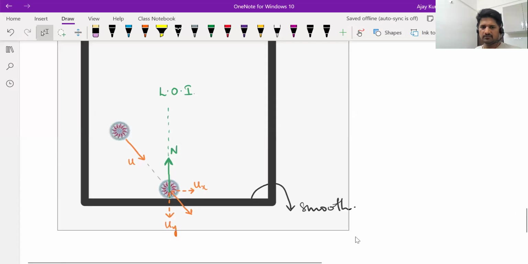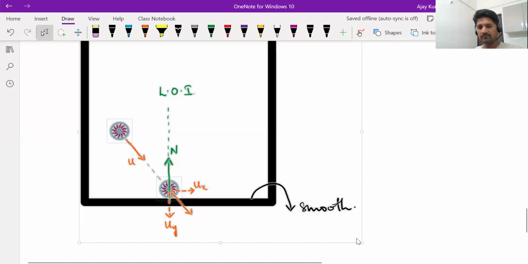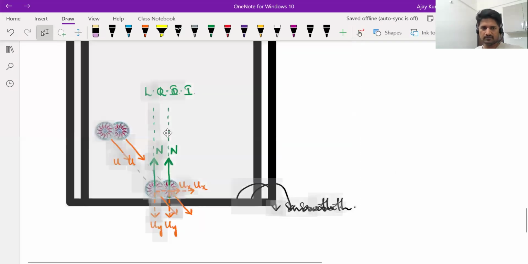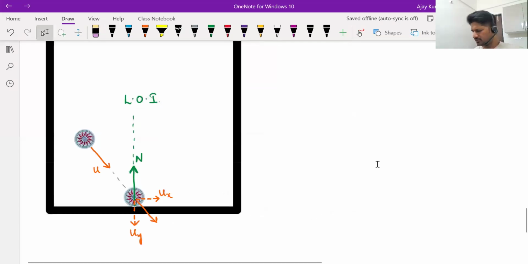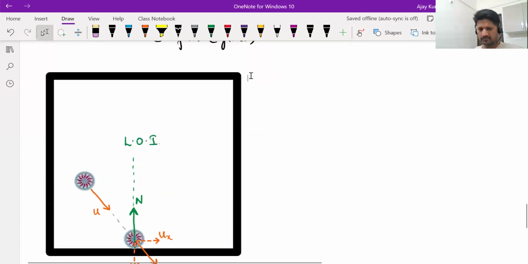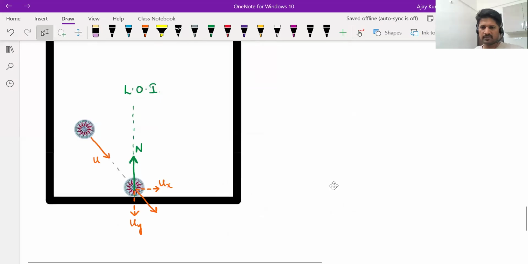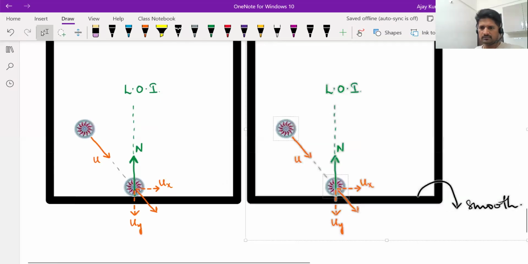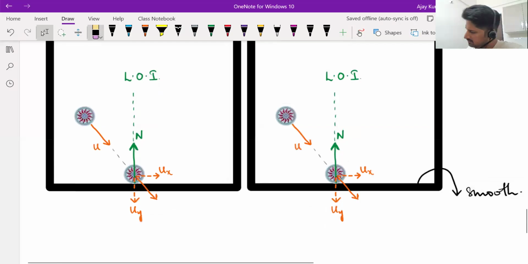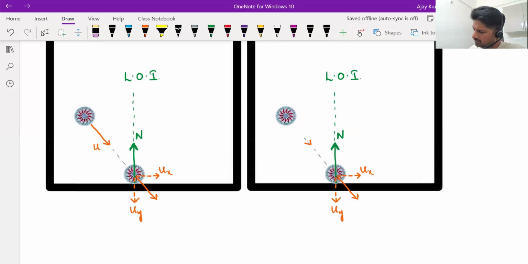Now we will see what the situation will be like after collision. Assume it's a smooth surface. We are not considering friction yet. So just after collision, tell me which component of velocity would be disturbed, Ux or Uy?